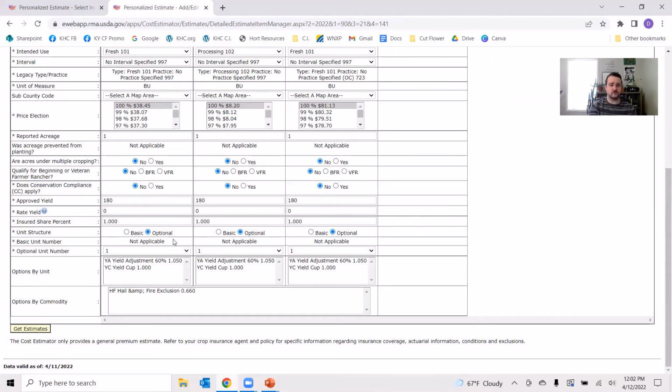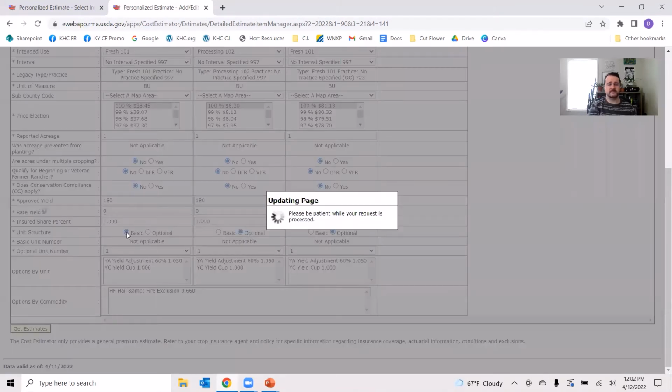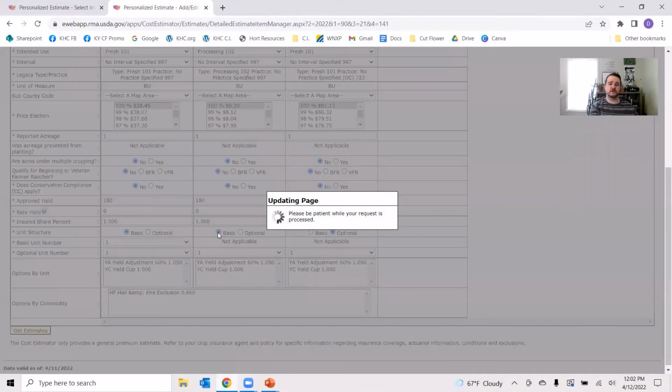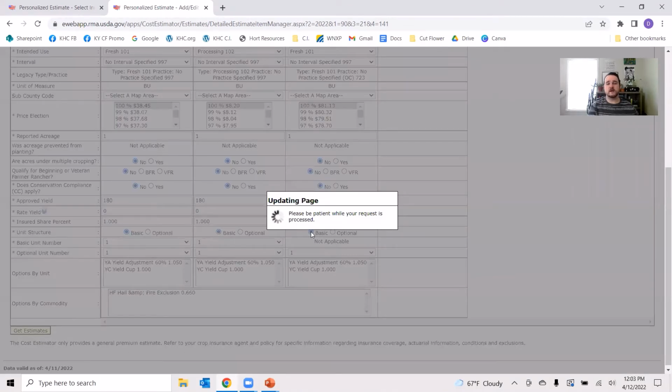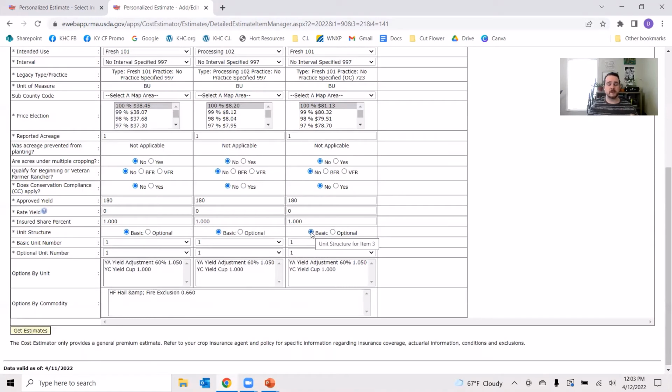Next is unit structure. So I'm going to swap all of these to basic. That means I don't want to split my operation into units. So I could leave optional and then select optional unit numbers based on how many sections I wanted to break up the farm.